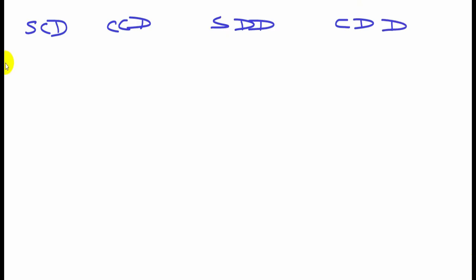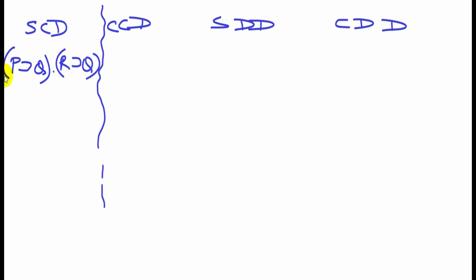So the simple constructive dilemma, the major premise of that is P or Q and R or Q. Okay. Minor premise is P or R, therefore Q.